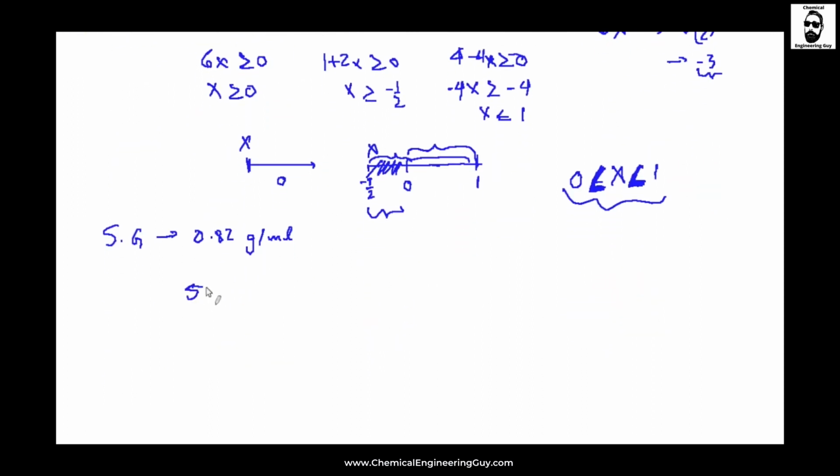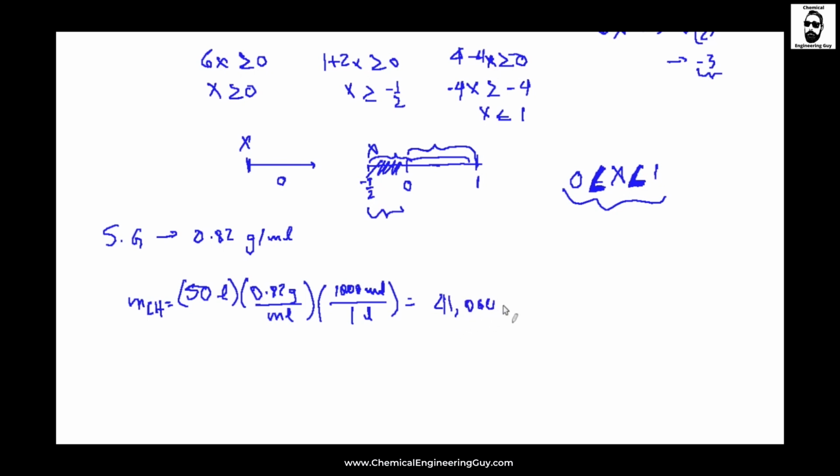So the mass of liquid hydrazine will be 50 liters times 0.82 grams per milliliter, and 1000 milliliters is 1 liter. Let me calculate it: 50 times 0.82 times 1000. It's about 41,000 grams.